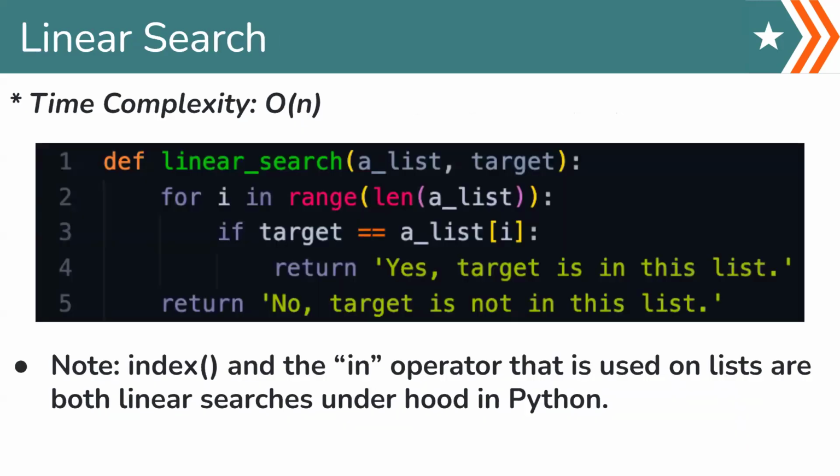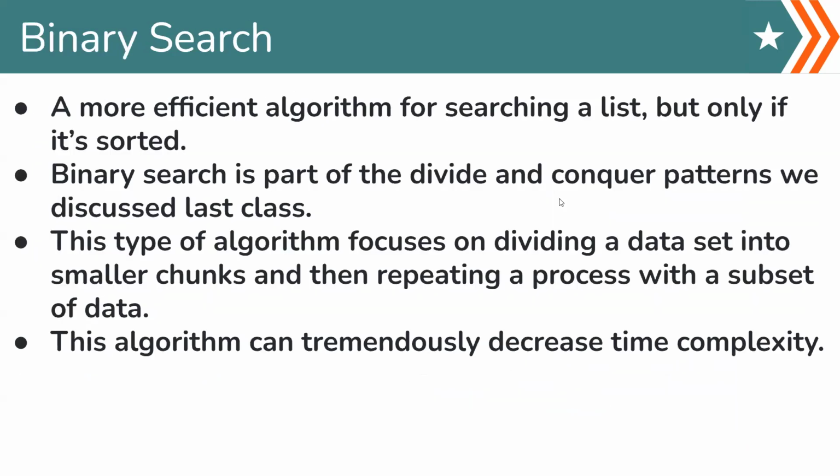So there has to be a better way of doing it, of improving the time complexity of your algorithm. Maybe looping through the entirety of the list is not absolutely necessary. And that's where binary search is going to come in, a more efficient algorithm for searching a list.